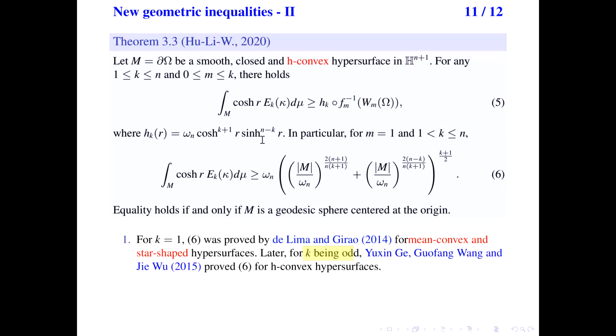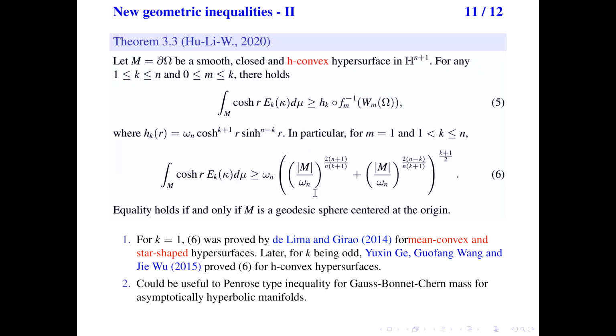So we obtain many more geometric inequalities. This inequality compares the weighted integration of the curvature E_k. This type of inequality could be useful to the Penrose type inequality for Gauss-Bonnet-Chern mass for asymptotically hyperbolic manifolds.